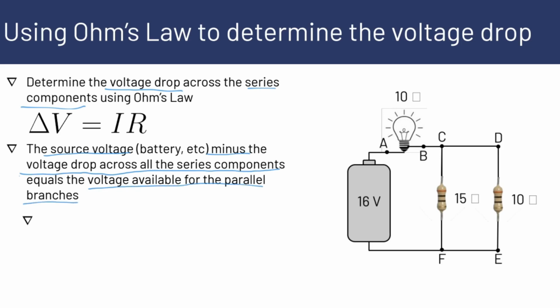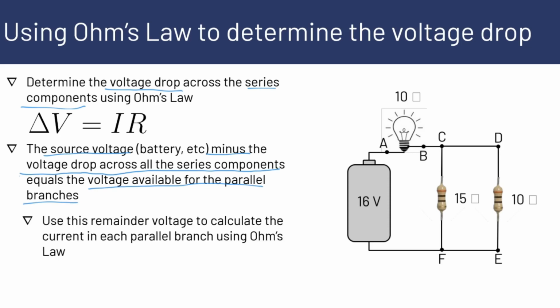We'll work on this example in just a second. The remainder of this calculation is going to be the voltage used to calculate the current in each parallel branch using Ohm's law.